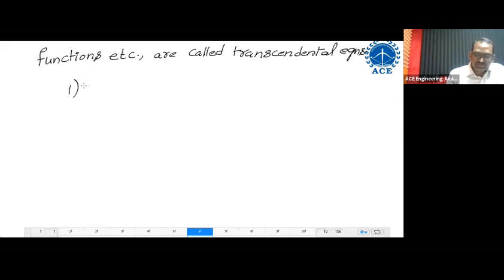Example: any equation containing trigonometric or hyperbolic or logarithmic or exponential function is called a transcendental equation. These are the examples.